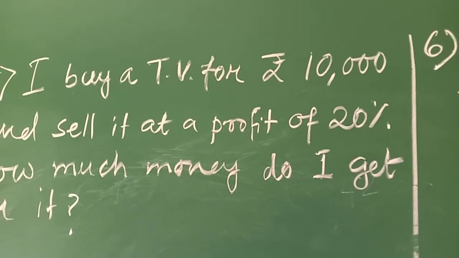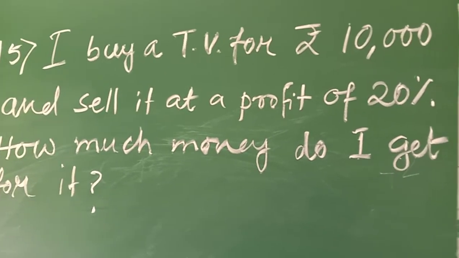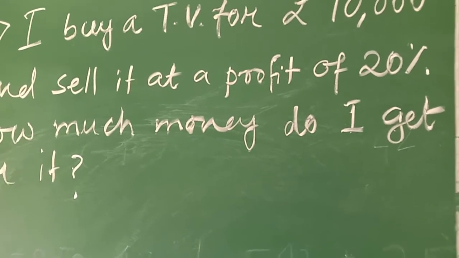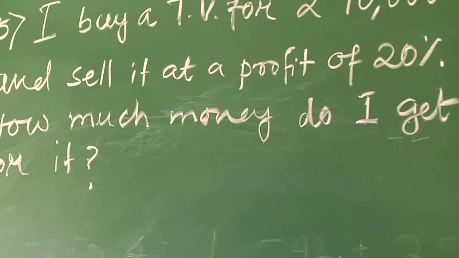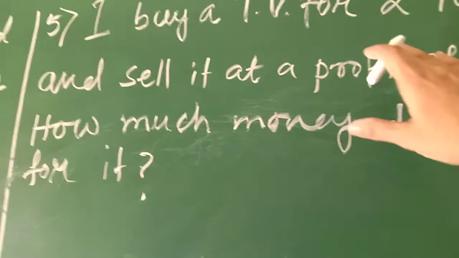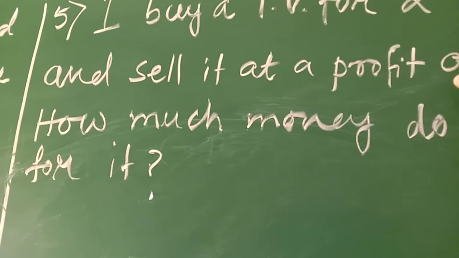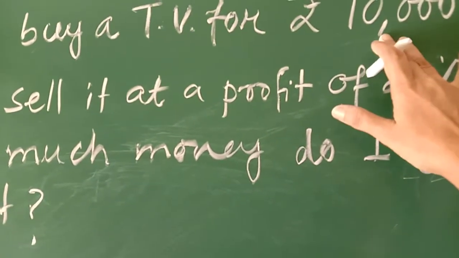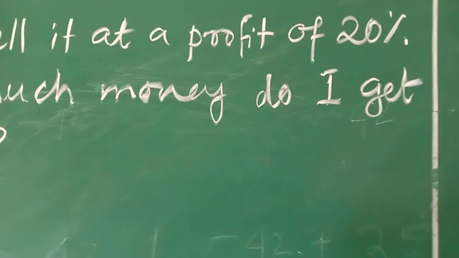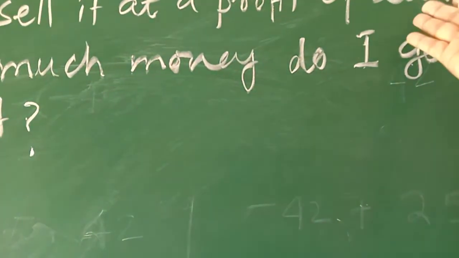I buy a TV for rupees 10,000 and sell it at a profit of 20%. How much money do I get for it? That means the cost price of the TV is given, 10,000, and the profit percent is also given, 20%.